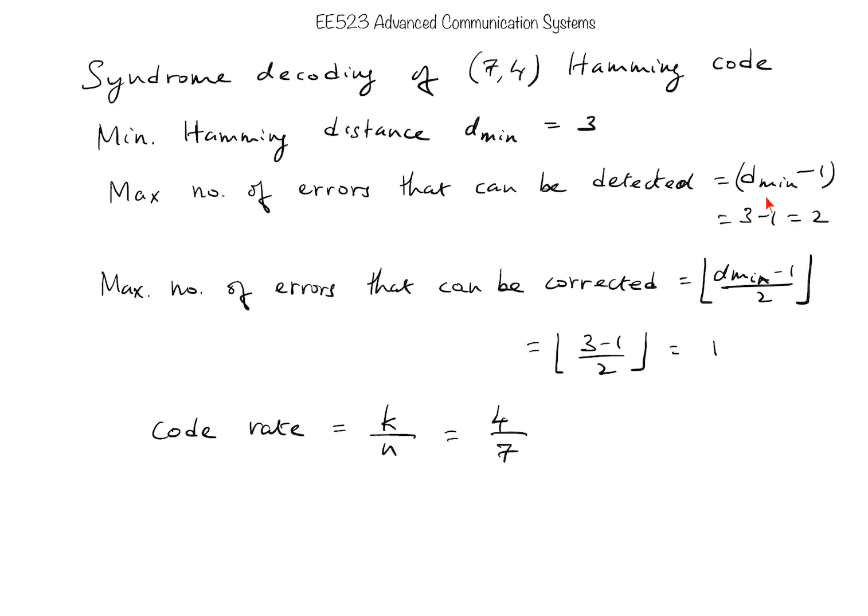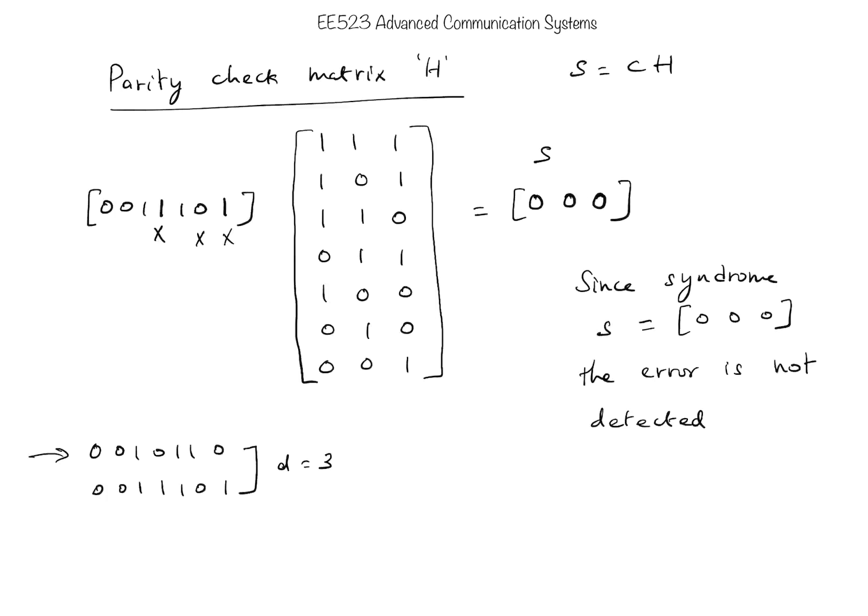If it is more than 2 errors, maybe sometimes it is able to detect it, but sometimes it may not be able to detect it. When will it not be able to detect it? When one code word gets changed to another code word. In that case, it will give the syndrome as 0, 0, 0 and accept it as a valid code word. So we have seen the case where error detection also fails.